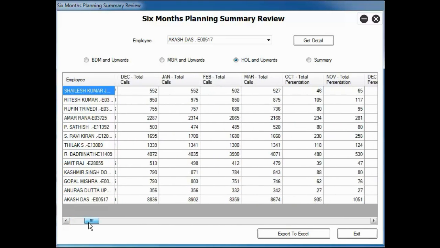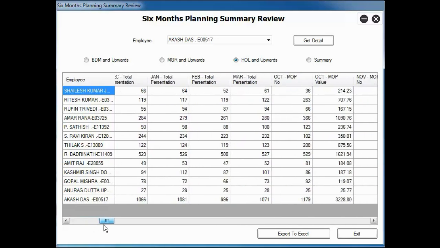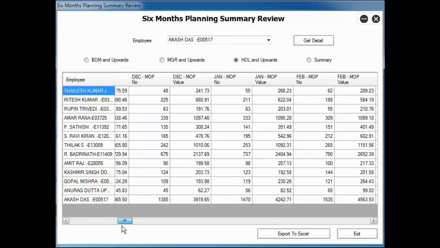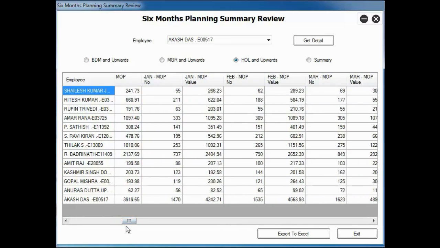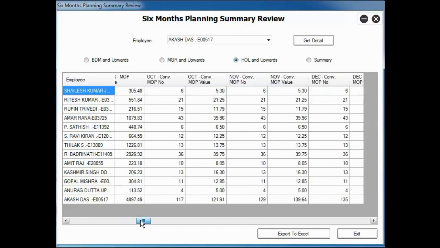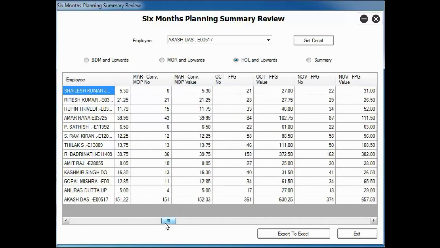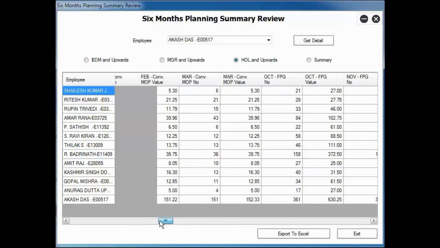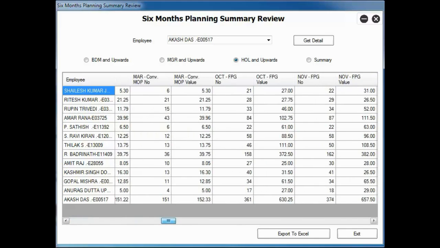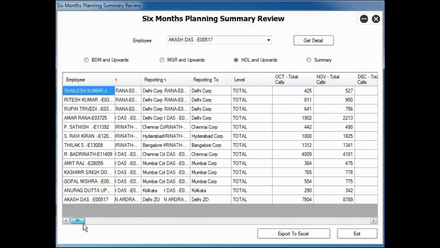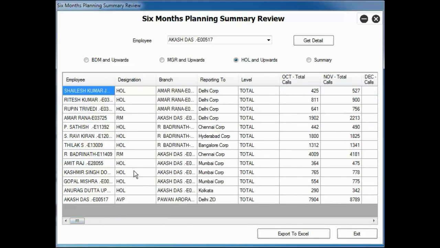That means, be it total calls, total presentations, MOP number, or it could be MOP value, here if you see, FPG number, FPG value, this data does not change, it remains the same. But now it is only for all the HOLs and above under Akash Ji. So here, this is how it is.